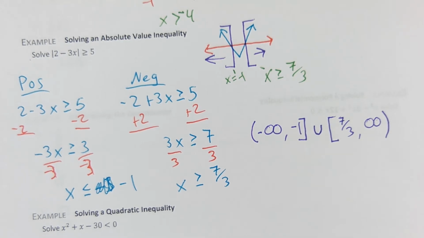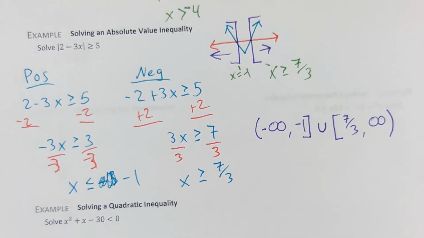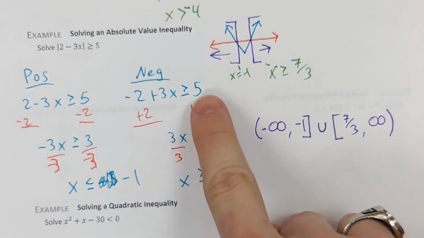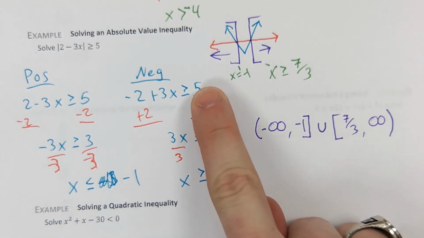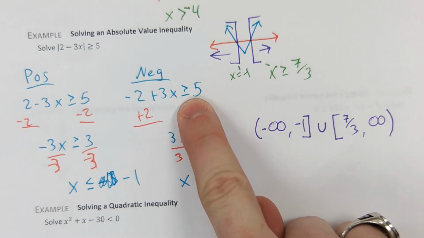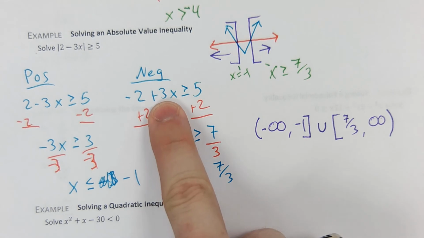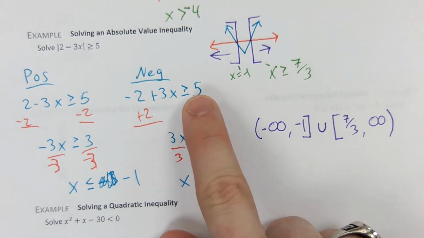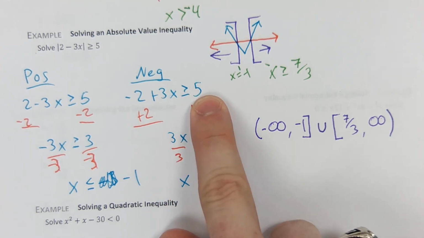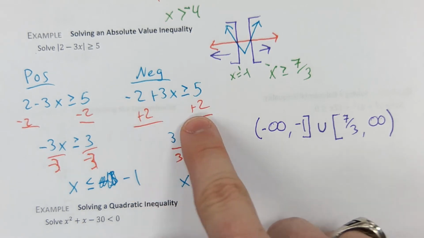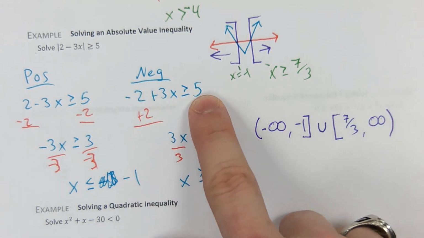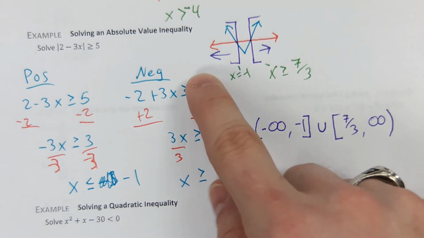Yes? So why wouldn't you switch the inequality sign? So because I didn't change this number, I didn't have to switch this sign. If you had written 2 minus 3x over here, then you would have needed to set less than or equal to -5. You would have subtracted your 2. So now you would have had -7 over here.